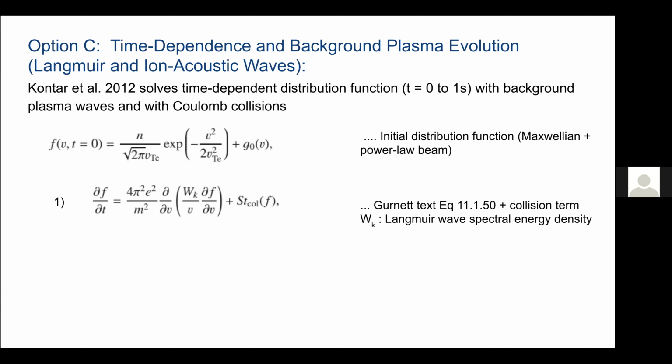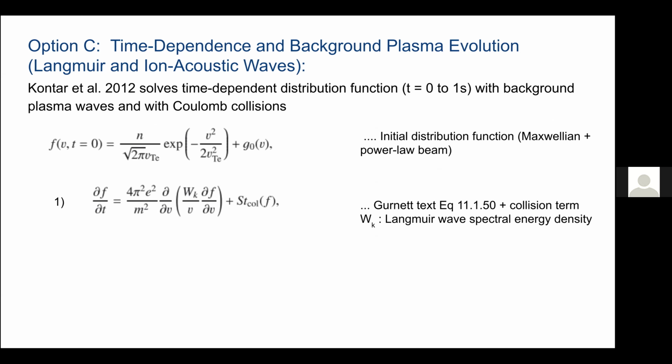Okay, but here, this method follows the evolution of the distribution function. So the initial distribution function is a Maxwellian plus a power law. Okay, and the equation for the evolution of the distribution function is as follows.